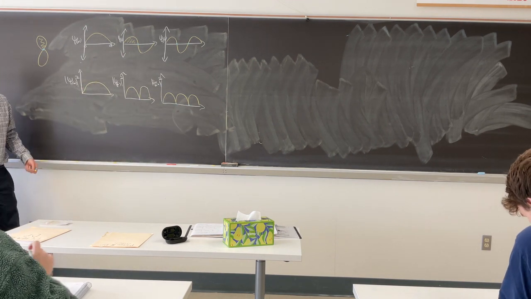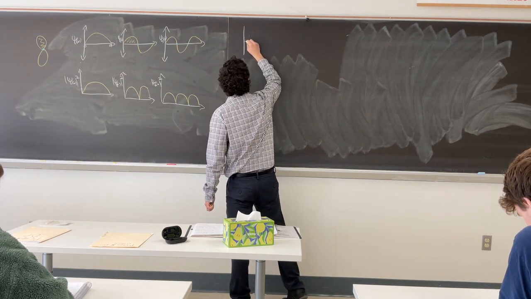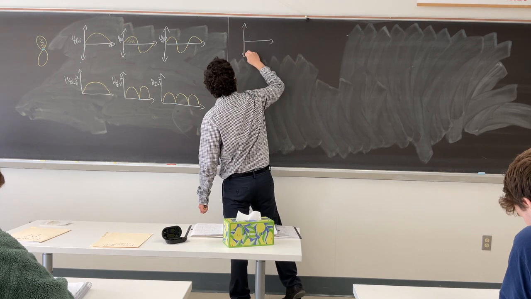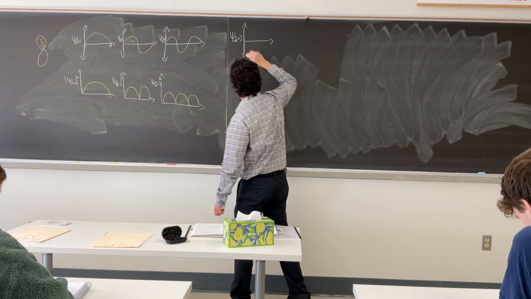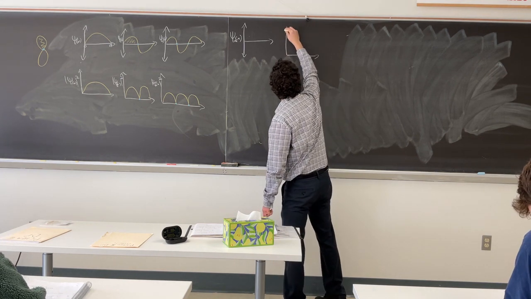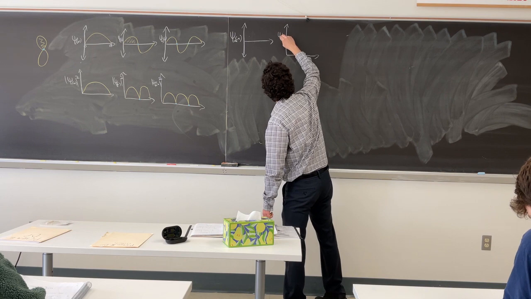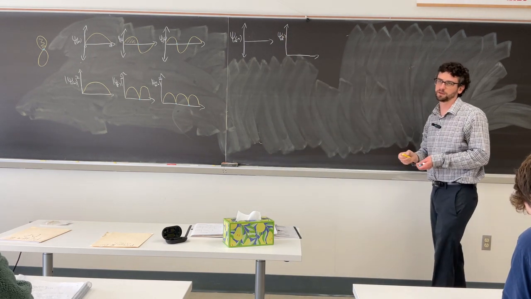Okay, then I asked the question, what happens if we go to a really big value of n? So what's the wave function going to look like?